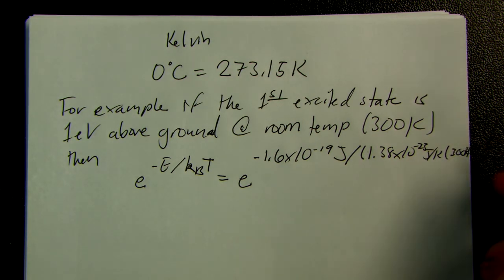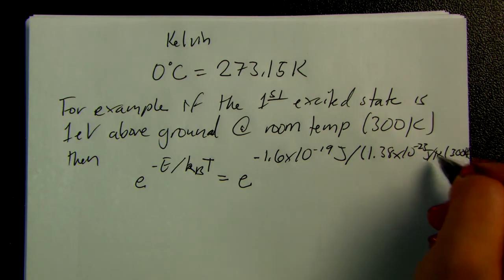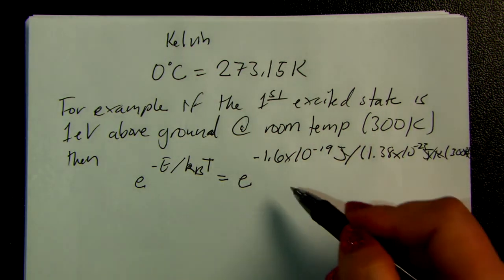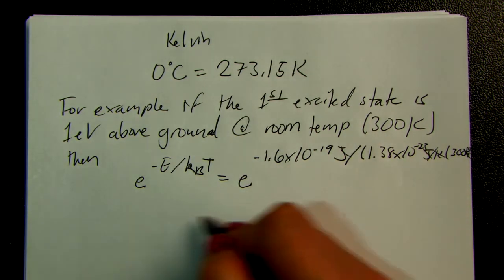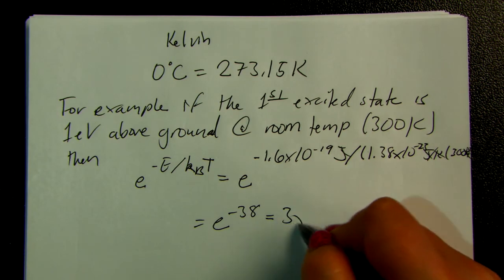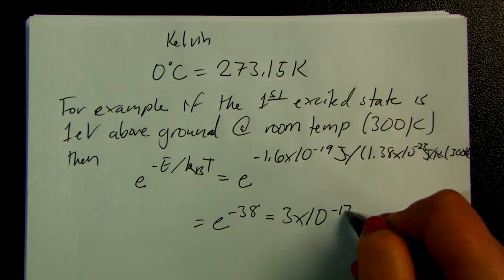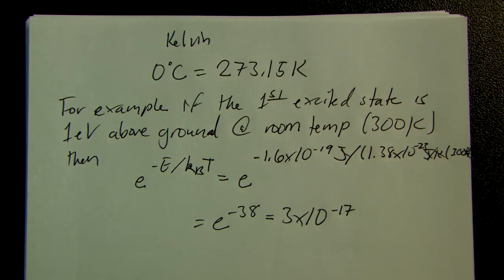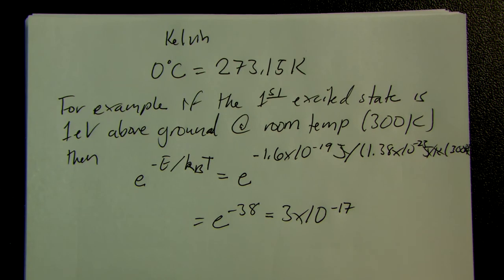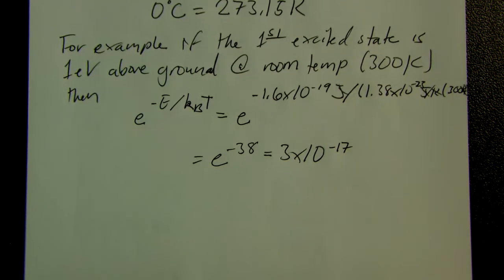Now, whenever you're dealing with an exponential, you want to make sure all of the units cancel out and that your expression in the exponent is unitless, which it is. And so we get e to the minus 38, which is equal to 3 times 10 to the minus 17. So basically, if you have 3 times 10 to the 17 atoms, one of them might be excited at room temperature.